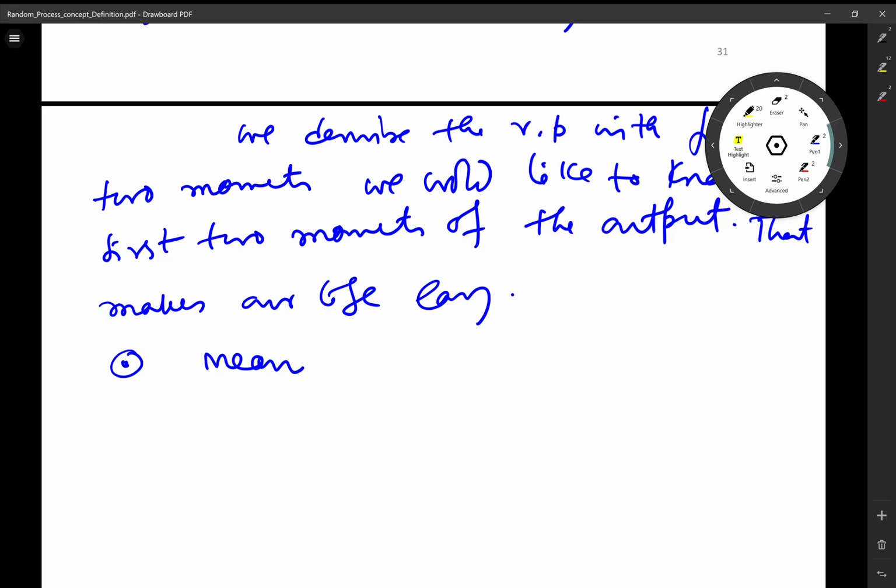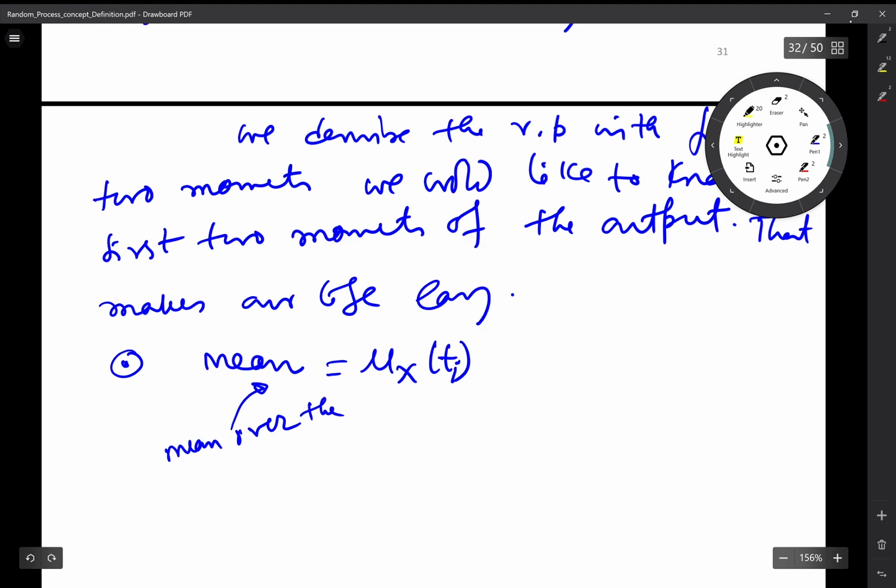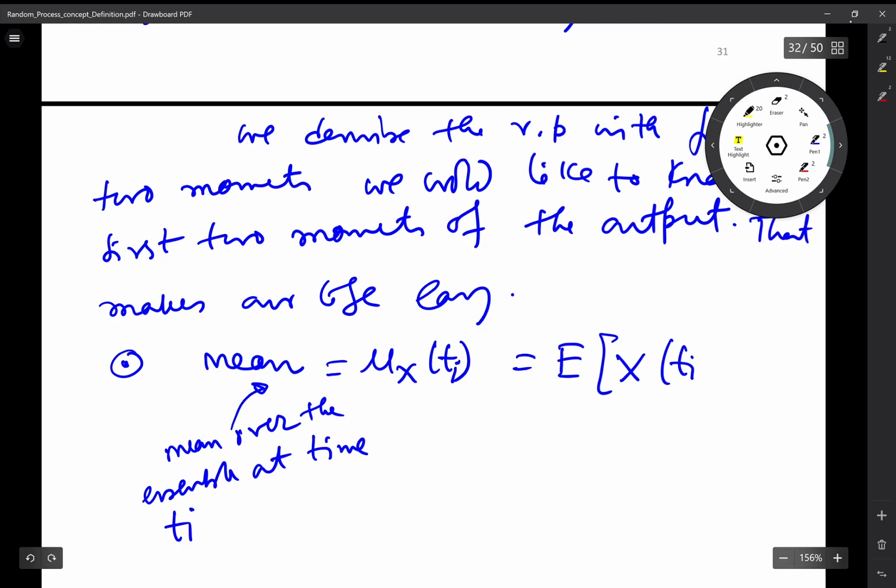So you can say mean equals mu x of t_i, where i can be 1, 2, 3, 4, and mu x is the average over the ensemble at time t_i. That equals E of x(t_i), the expectation over the ensemble.